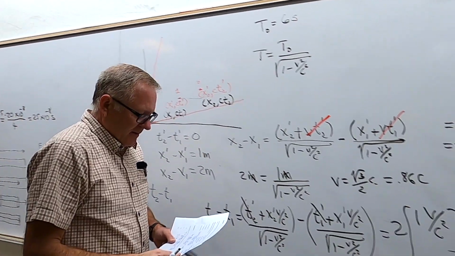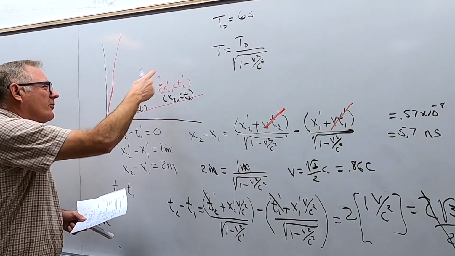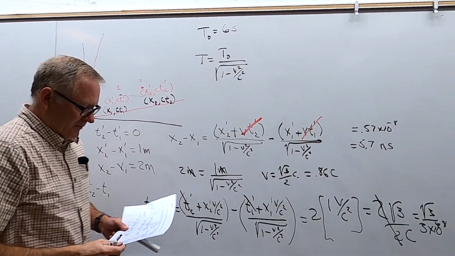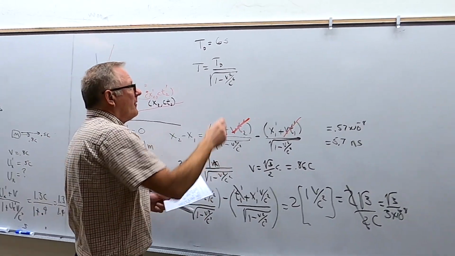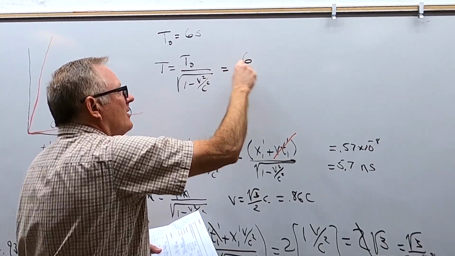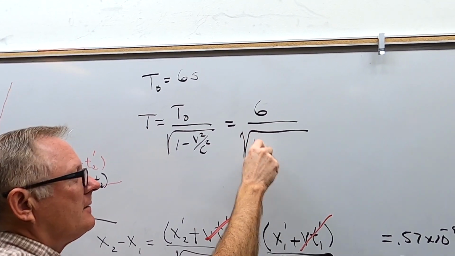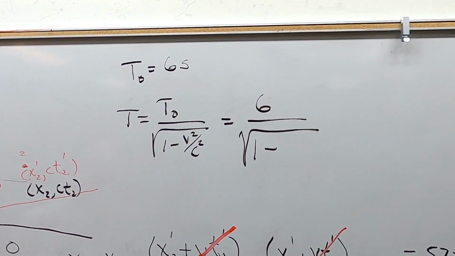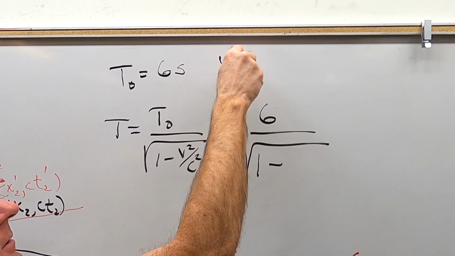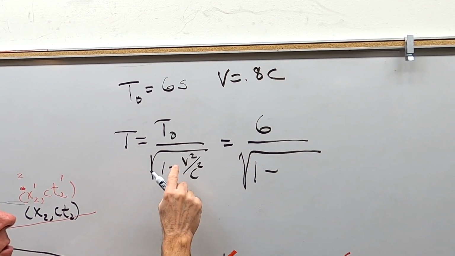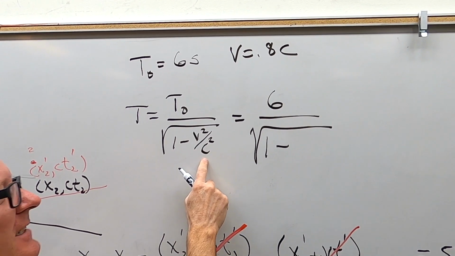We could have done it here and drawn 2 points, but we got it here already. So this is just 6 all over the square root of 1 minus, v was equal to 0.8c, so that's 0.64 c squared over c squared.